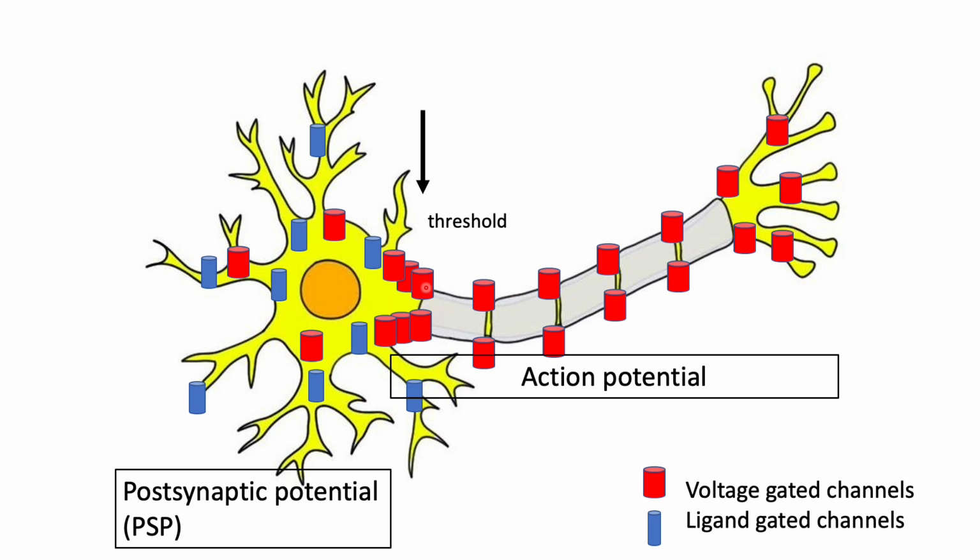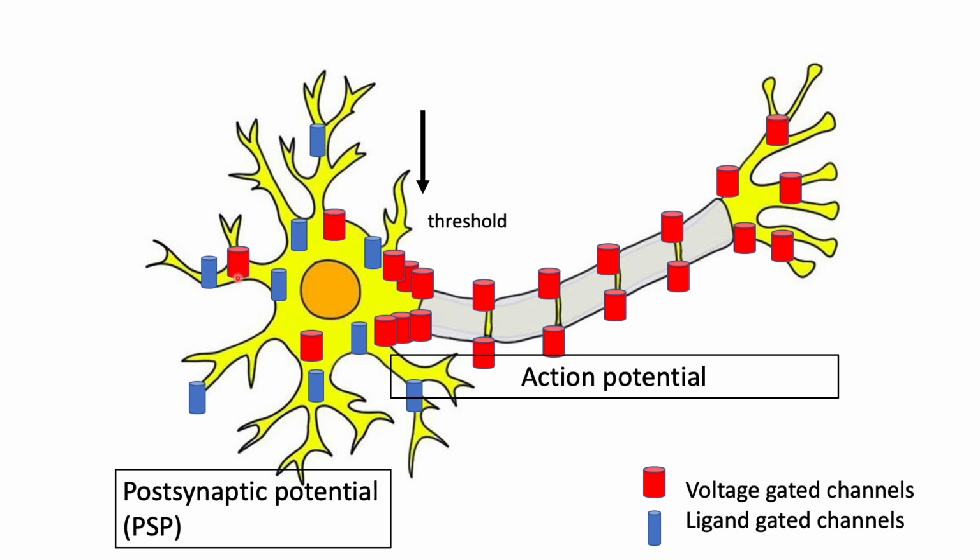The reason why the generation is usually at the level of the axon hillock is that, as you see here, it has the highest concentration of voltage-gated channels, especially voltage-gated sodium channels, that will do the depolarization phase of the action potential. It's actually concentrated at this level, where we have very few of these voltage-gated channels in the dendrites and in the soma.